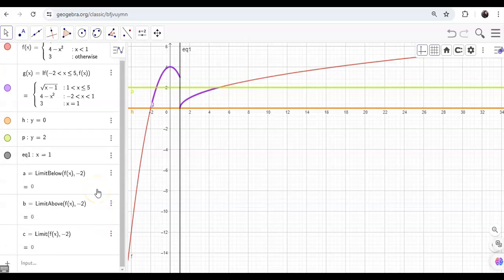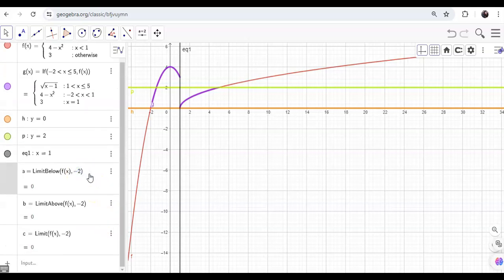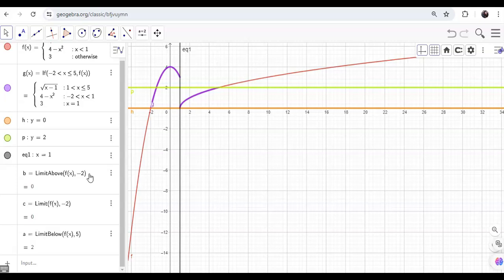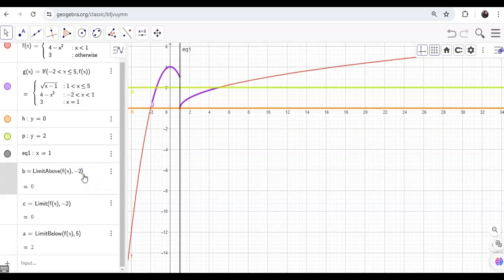Alright, and let's compute the limit as x approaches 5. So just change -2 here to 5. LimitBelow, the limit from the left of 5 is 2. And then the limit of the function as x approaches 5 from the right.